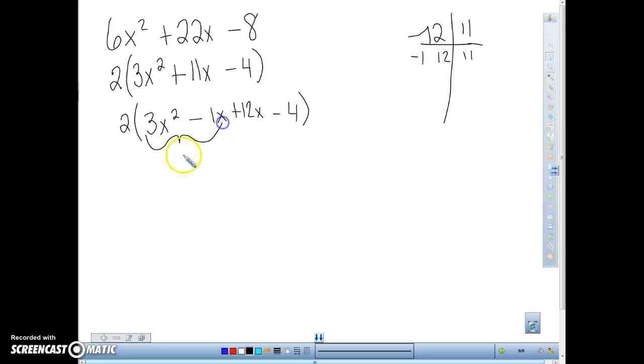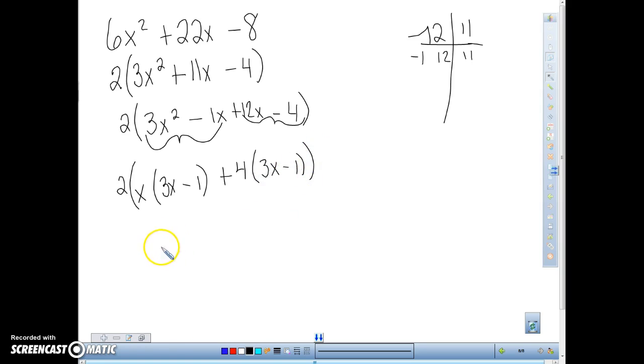So when I factor by grouping, the only thing that's in common with these two is an x. So I still have 3x minus 1, plus the 4 is in common here, and I have 3x minus 1. So when I write my final answer, I'll have this 2 in front, I'll have the 3x minus 1, and then whatever's left would be my x plus 4.